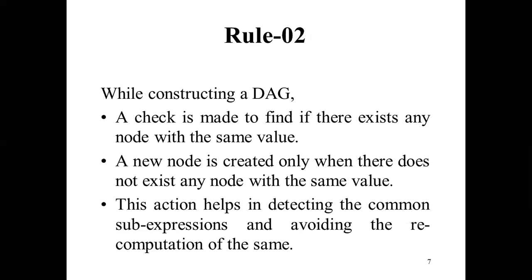Another rule, rule two: a check is made to find if there exists any node with the same value. So we will check if there is a repetition of the same value. Each node must have a different value, so take care of this.